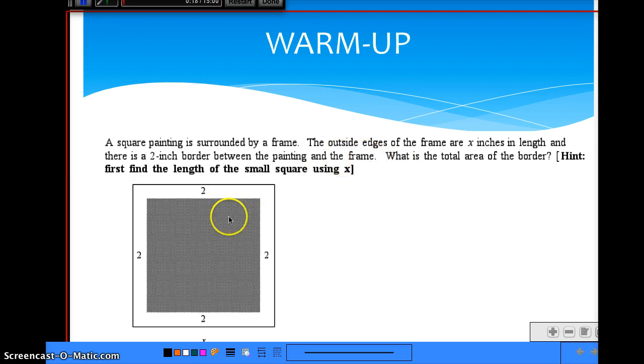Alright, so the dimensions of the bigger square, can't see it that well down here, but it's really x by x. The hard part is to figure out what the dimensions of the small square are from here to here. If you read this carefully, it says it has a 2-inch border. So the 2 really represents the thickness of the border.